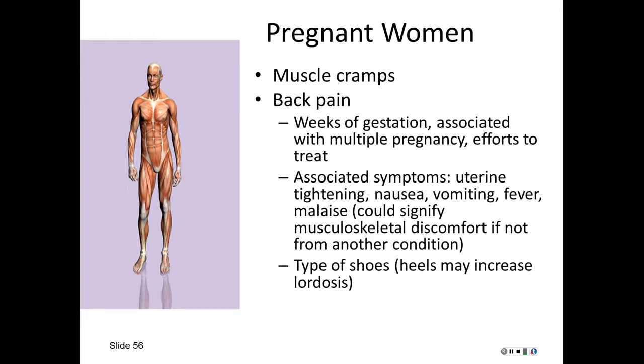Pregnant women, look for muscle cramps, back pain, weeks gestation, associated symptoms, and they're listed there. And why do you care about nausea and vomiting? Because you can get very low sodium and potassium from that, and that's going to cause some of your muscle cramps.